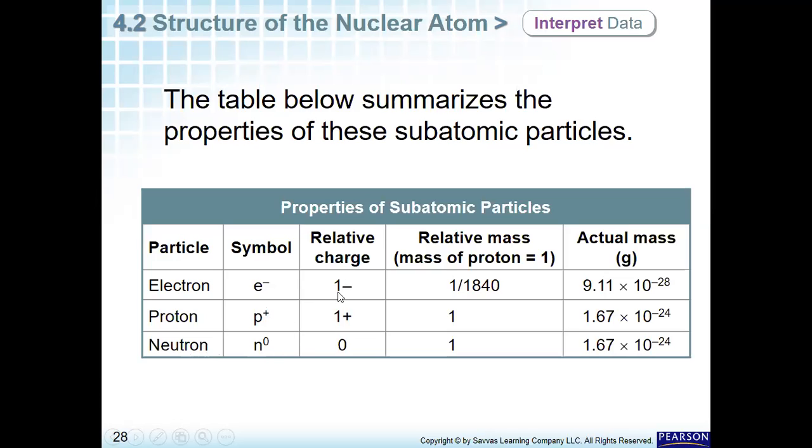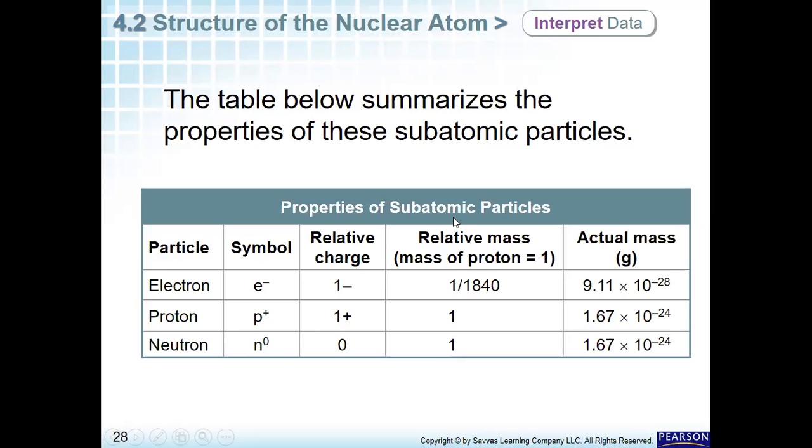The relative charge for the electron is -1 and for the proton is +1. So if you have one electron and one proton in the atom, like in hydrogen, it will be neutral and the overall charge will be 0. We also have neutrons inside the atoms; their charge is 0, but they have mass.